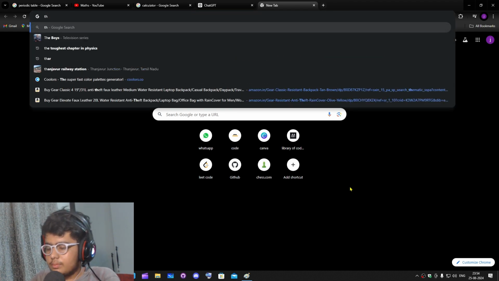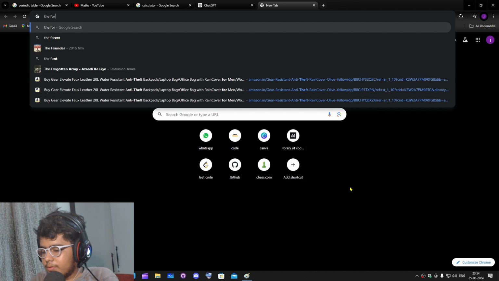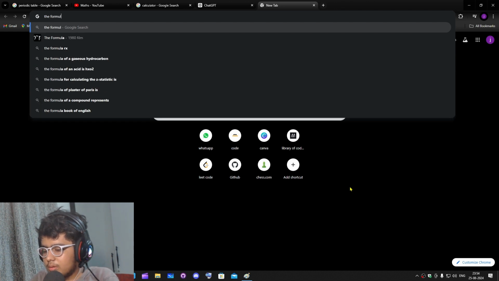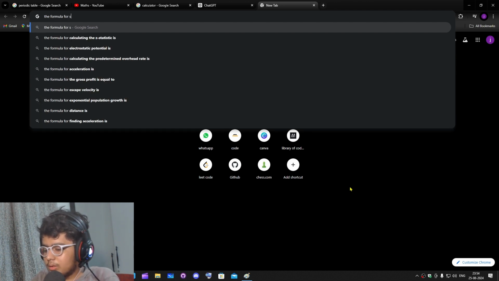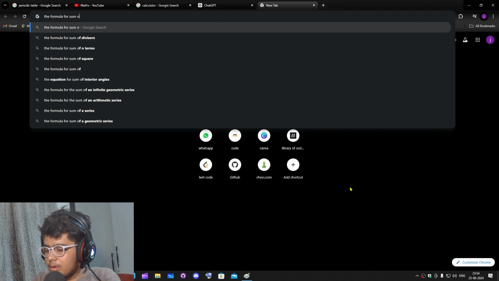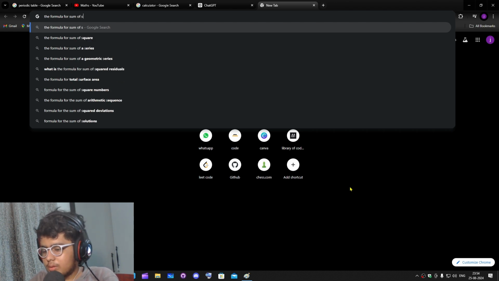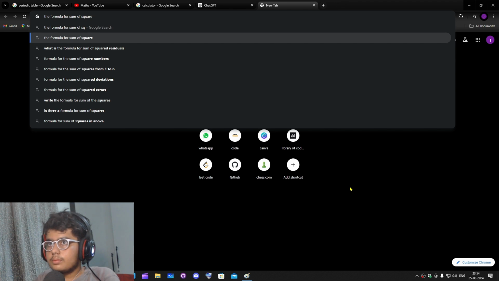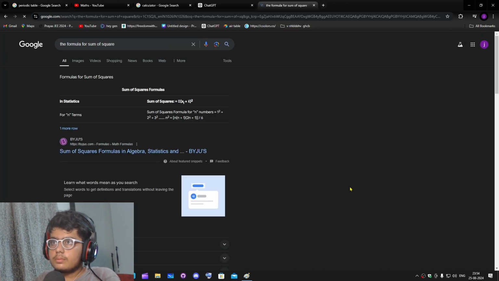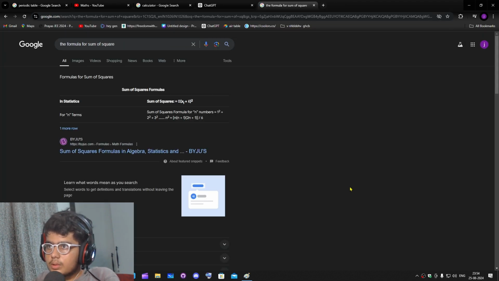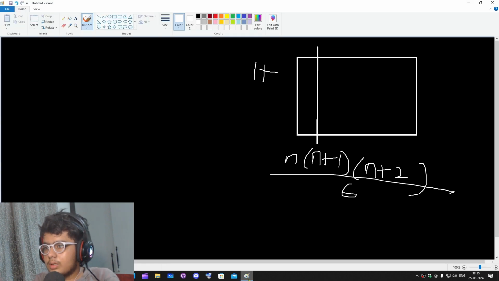The formula for sum of squares, it is here, and yeah, it is correct. Okay, the formula I gave is totally correct.